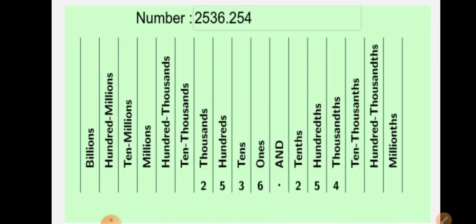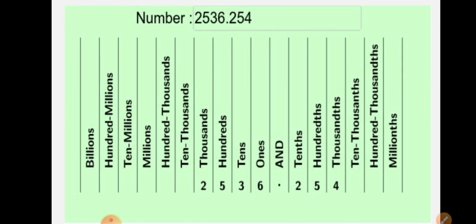Next, for example, one number is given: 2536.254. Now how do we read decimal numbers?